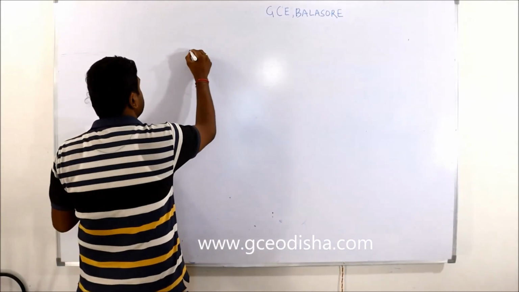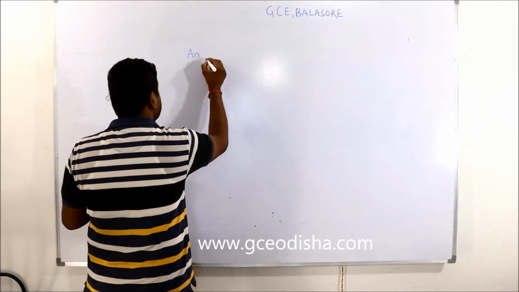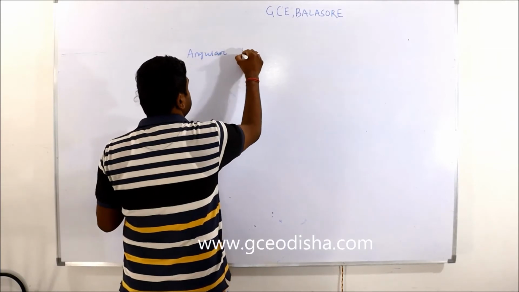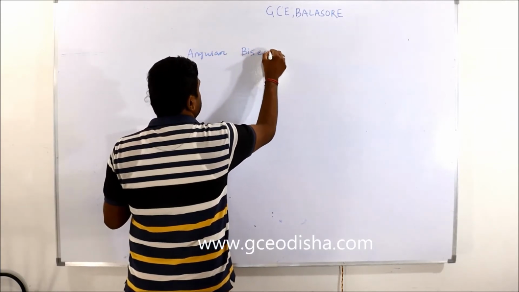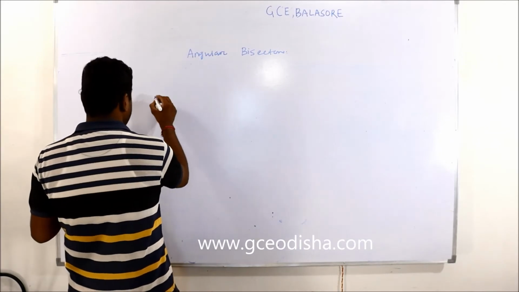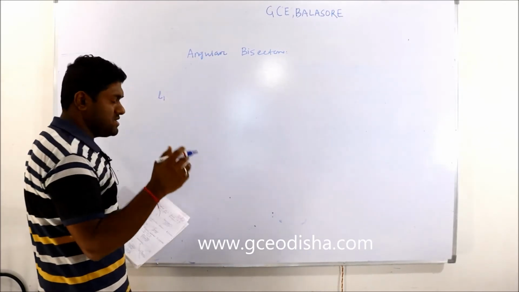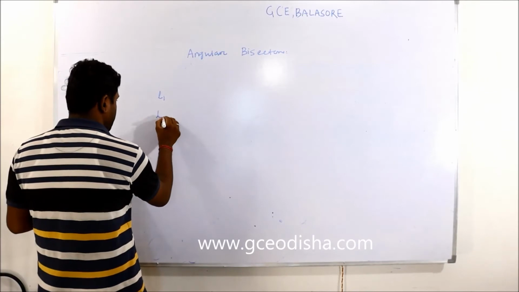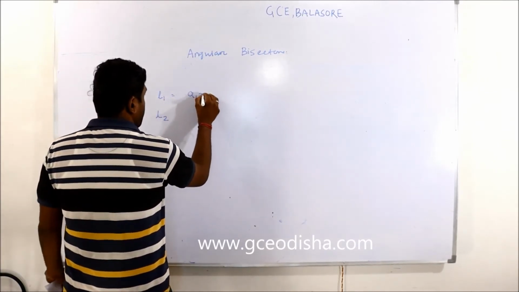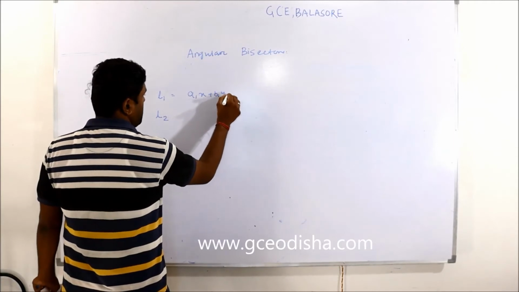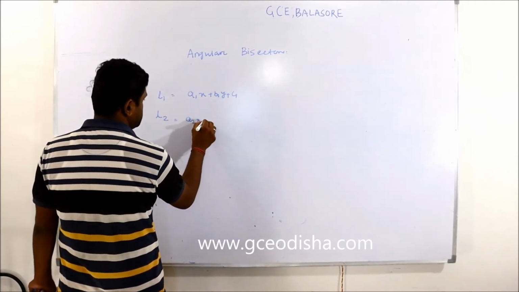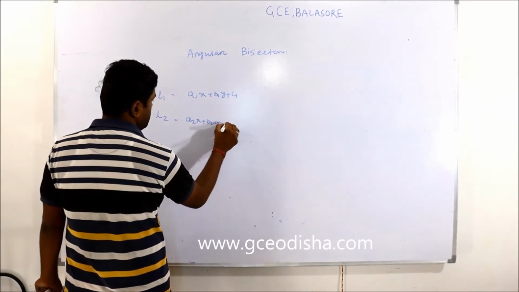Another concept is the angular bisector. Like one line is L1, another line is L2. L1 is A1x plus B1y plus C1 is equal to 0, another is A2x plus B2y plus C2 is equal to 0.